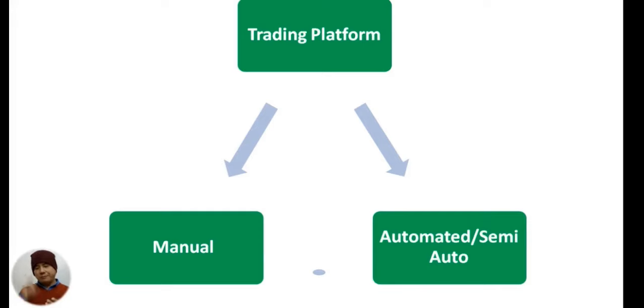So if you are a manual trader, as I mentioned earlier, a swing or position trader, you are not an automated or semi-automated trader, and you are not a scalper, you do not need that many indicators. You are just a manual trader.